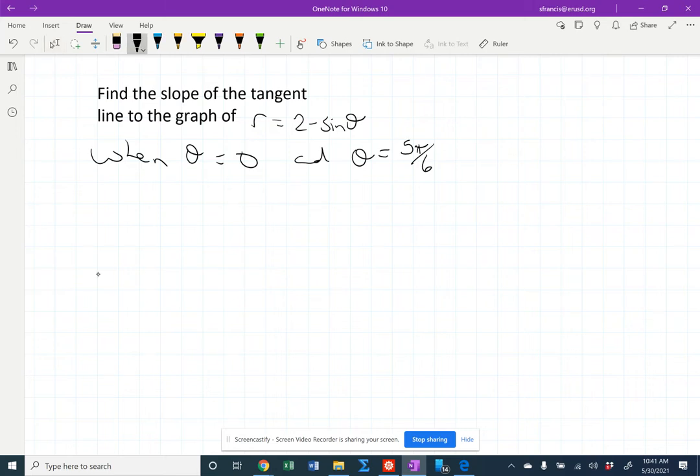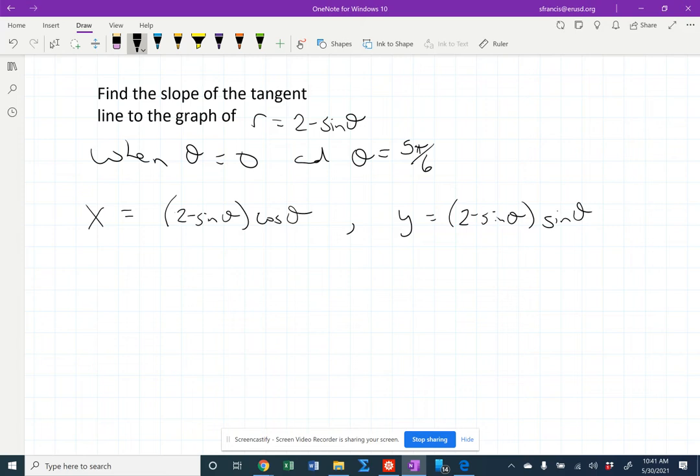All right, so x, when I convert this to the parametric equations, is going to be r, or f of theta, which is 2 minus sine of theta times cosine of theta. Y is going to be 2 minus sine of theta times sine of theta.